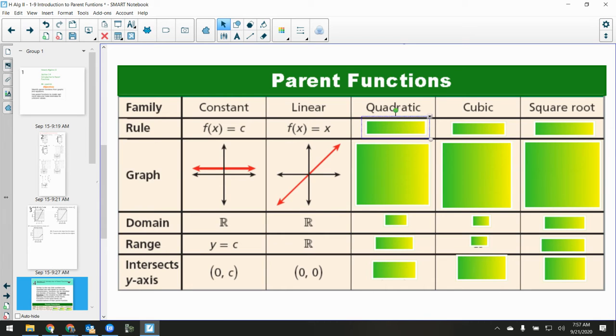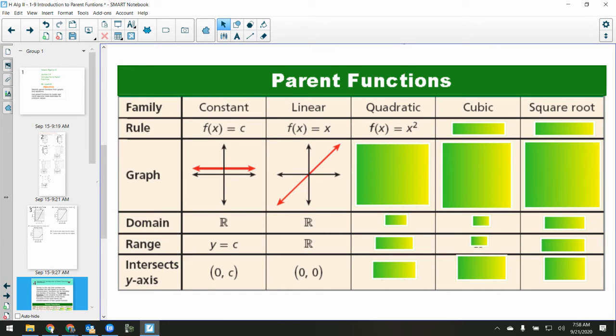Okay, the quadratic. I just talked about it a second ago. Y equals x squared, or f of x is equal to x squared. That's our most basic quadratic function. So if I plug in 1, I get 1. I plug in 2, I get 4. I plug in 3, I get 9.